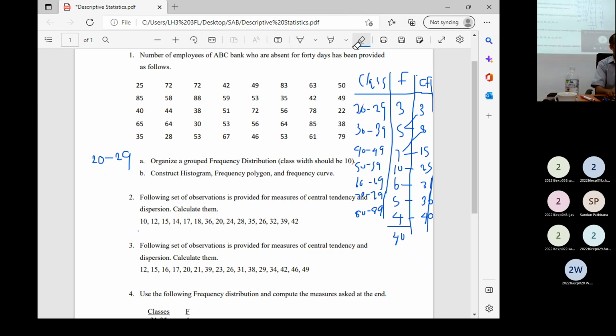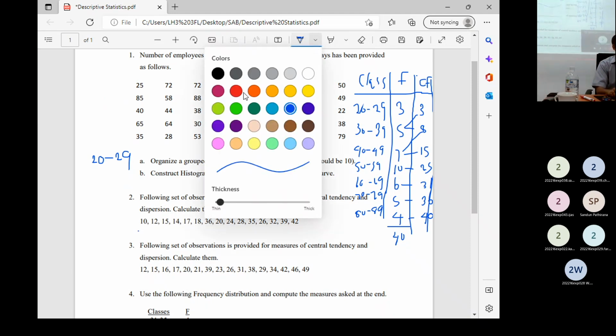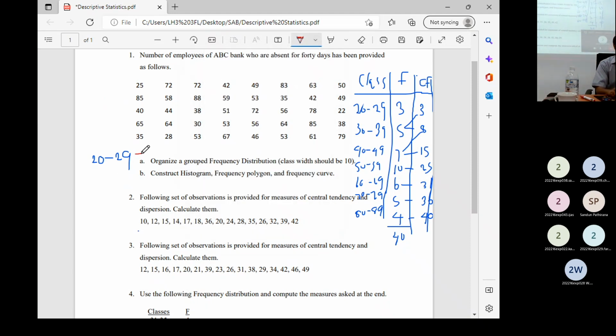Right. Example, 20-29. Then 0.5 you have to adjust. From the lower limit, subtract 0.5, and to the upper limit, add 0.5.